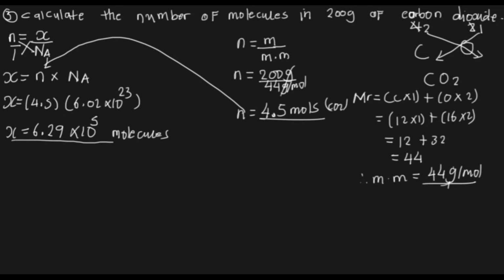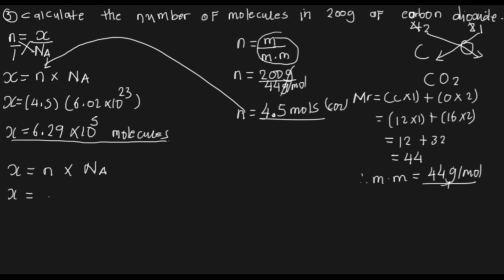So we can do it like this, or maybe the other way, if you just want to do it at once, we can just say X is equal to number of moles multiplied by the Avogadro's constant, where we can replace number of moles with mass over molar mass.